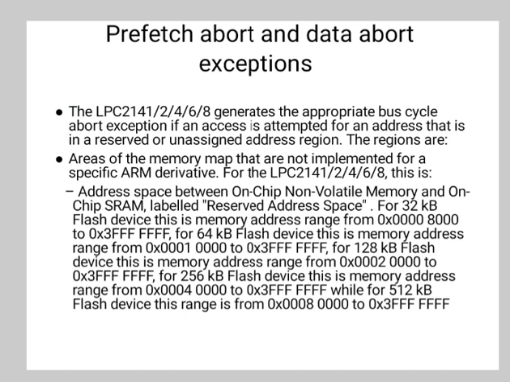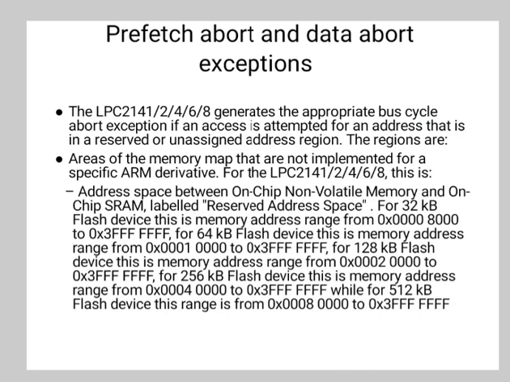For a 32 KB flash device, this is a memory address range from 0x00008000 to 0x3FFFFF. For a 64 KB flash device, the range is from 0x00010000 to 0x3FFFFF.